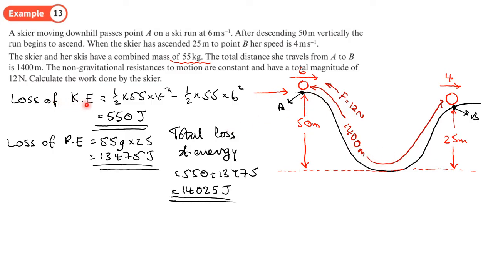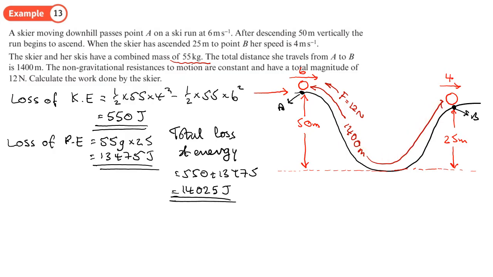If they'd increased kinetic energy, you got to work for that. If you want to increase potential energy, you got to work for that. But these losses are gains for the skier. The one thing they do need to work against is the frictional force that's here.